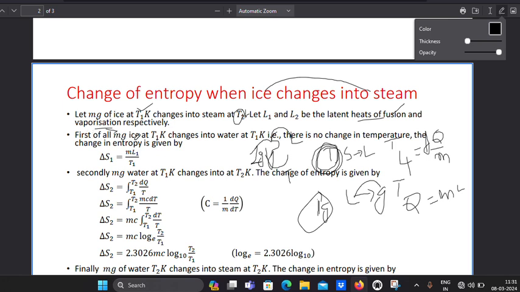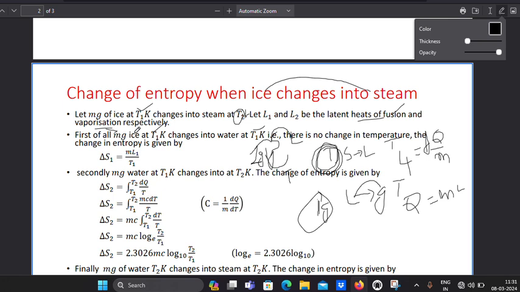First of all, m gram of ice at T1 Kelvin changes into water at T1 Kelvin only. It is T1 here and T1 there. What is the meaning of this? Is it wrong? No. Why?